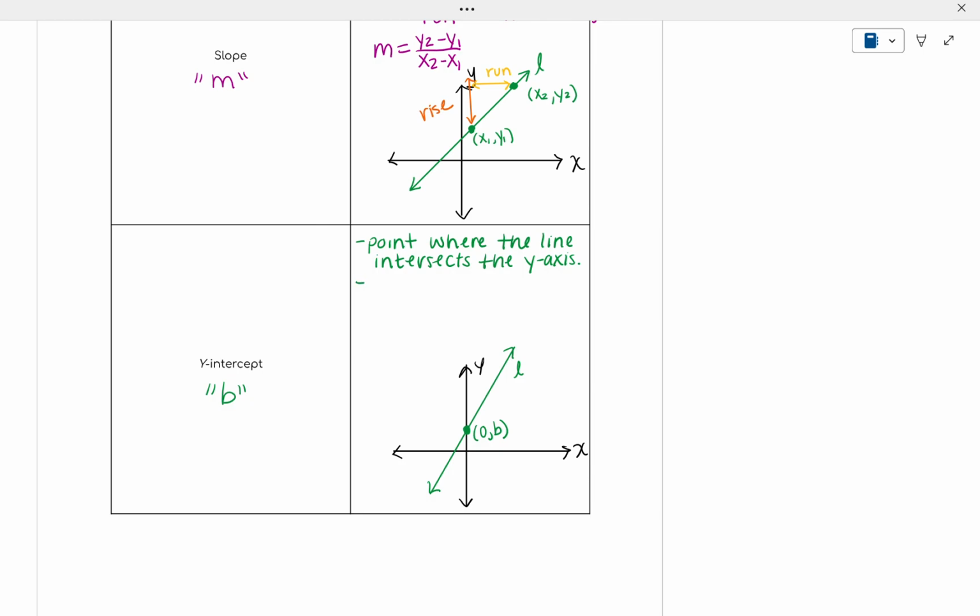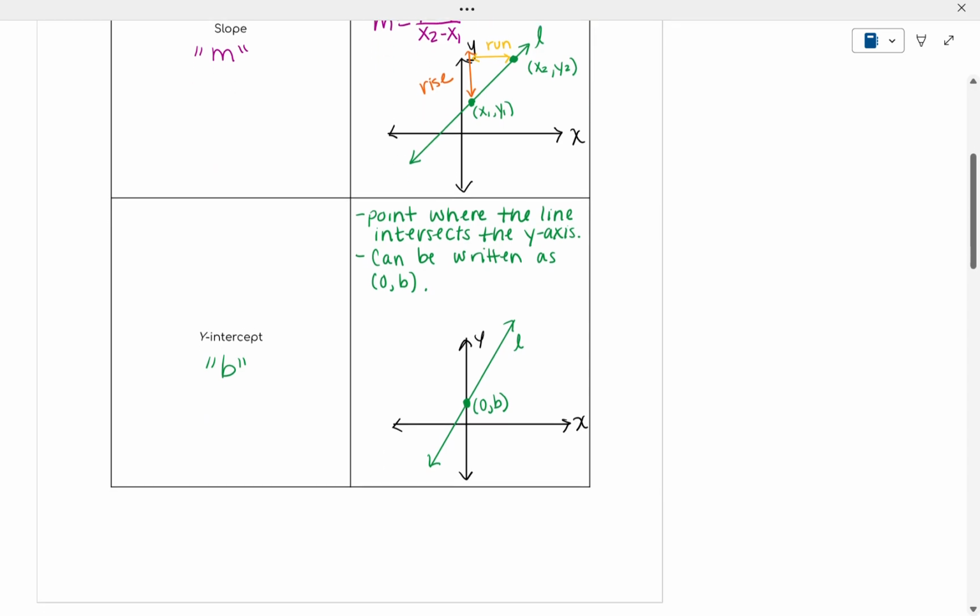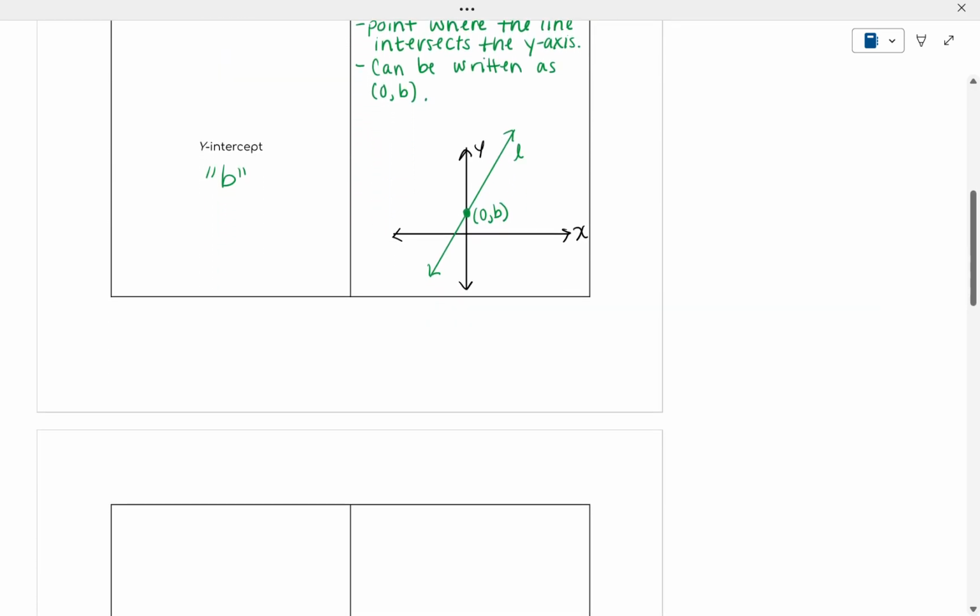And this point can always be written as 0, b. All right, so that's the y-intercept, the point where the line intersects the y-axis.